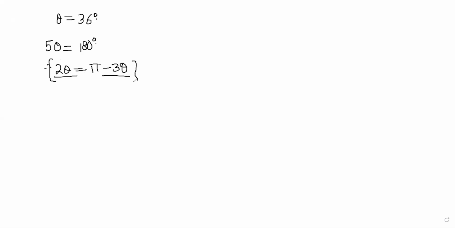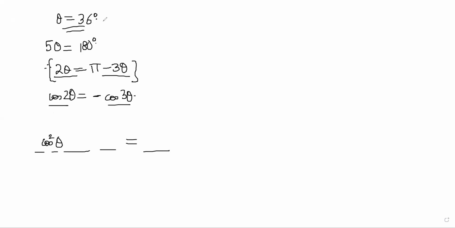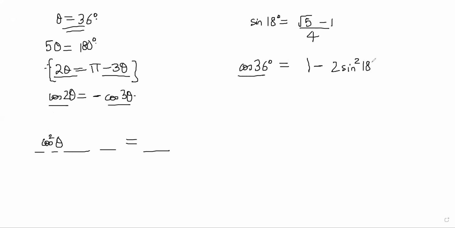You'll get cos 2 theta is equal to minus cos 3 theta. Then use the formulas, expand, and hopefully you will get a quadratic in cos square, and then solve it for the value of cos theta. That is one way. The other way is, since we know sine 18 degree is equal to root 5 minus 1 by 4, we should be able to find cos 36 degree, which is equal to 1 minus 2 sine square 18 degree.